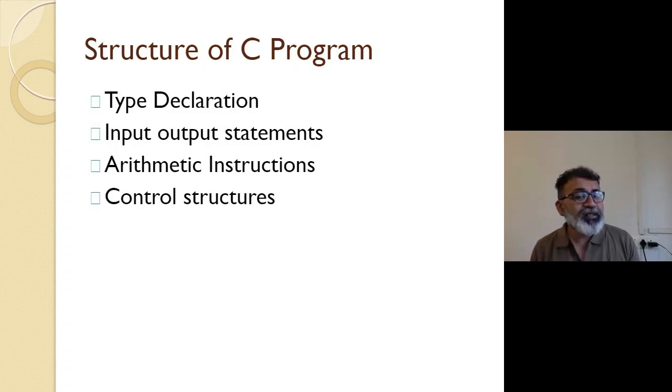Third is the arithmetic instructions, or arithmetic statements, or arithmetic expressions. An arithmetic expression or statement is a combination of operators and operands. So when you write sum = x + y, x here is an operand, y is an operand, plus is an operator, equal to is an operator, and sum is also an operand.